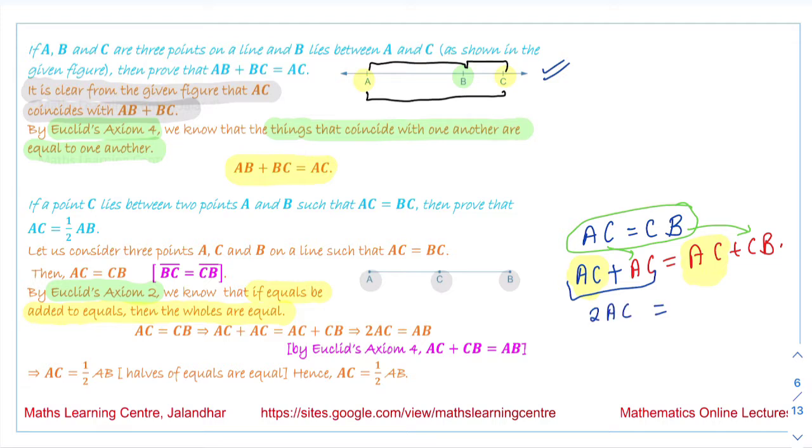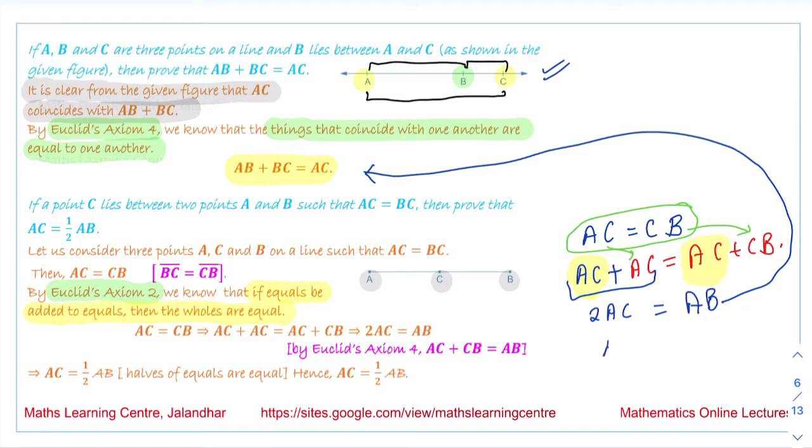And AC plus CB is equal to AB, which we have proved in the previous theorem. So we get that AC is equal to 1 by 2 times AB, and this is what we have to prove in this theorem.